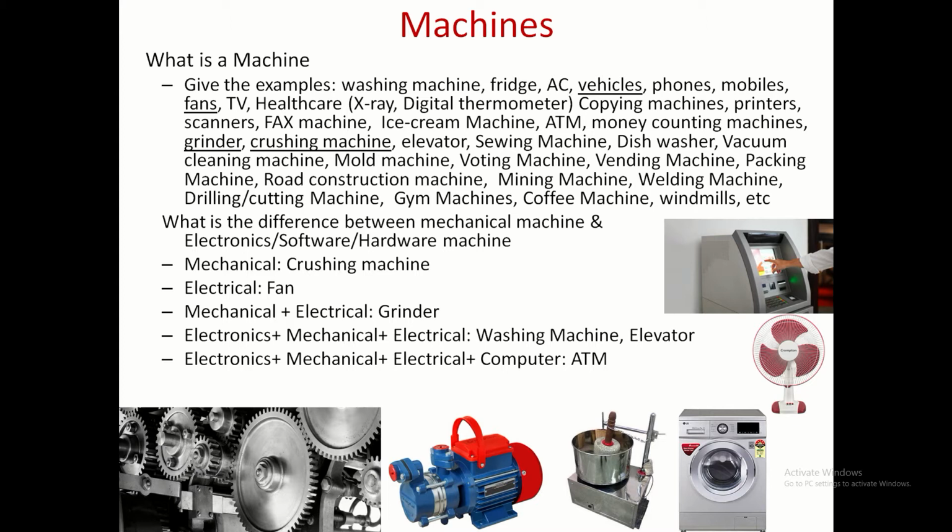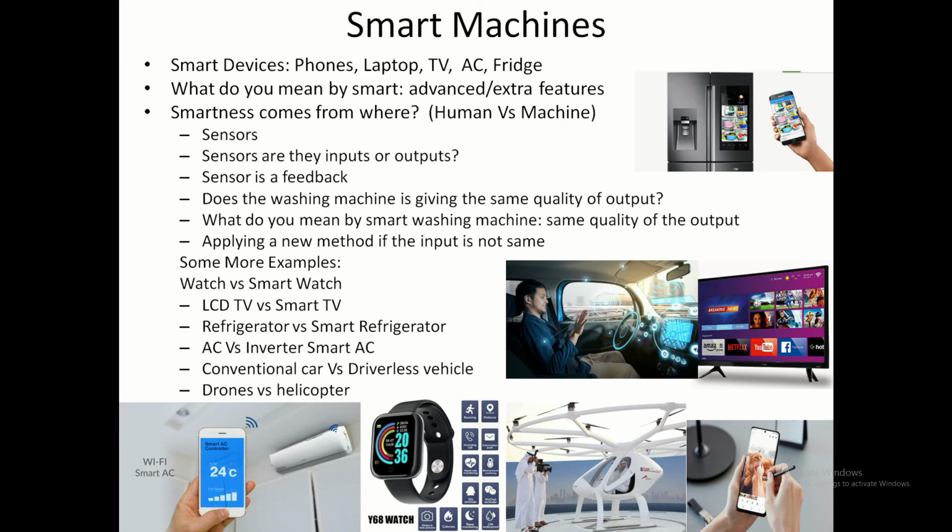I hope now you can understand that though these are all machines, it depends to what extent this automation is done. Now Industry 4.0, right, that is the current generation of machines, we are talking about smart machines, right?